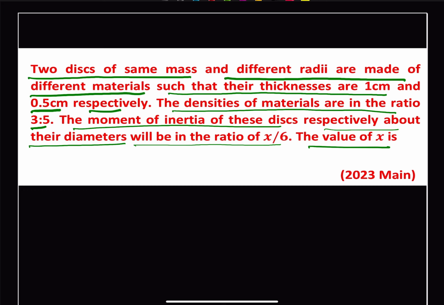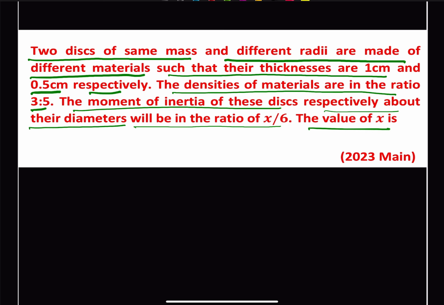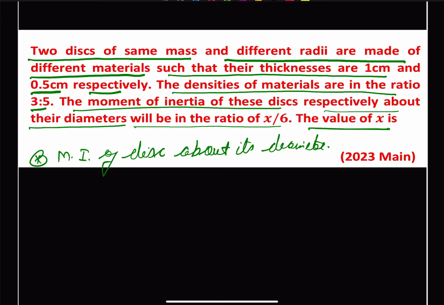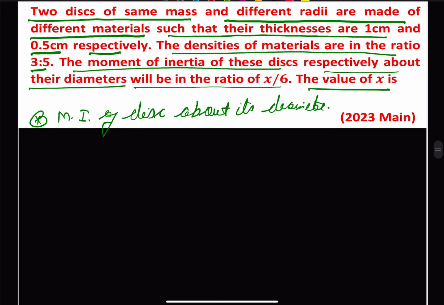So here the moment of inertia of the discs is with respect to their diameters. So we start from there only. We say that moment of inertia of disc about its diameter, and we can write that I diameter will be equal to 1 by 4 mr square.